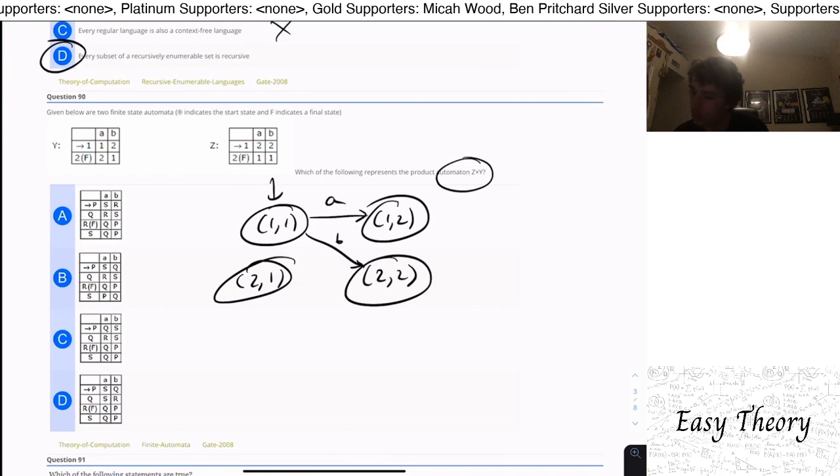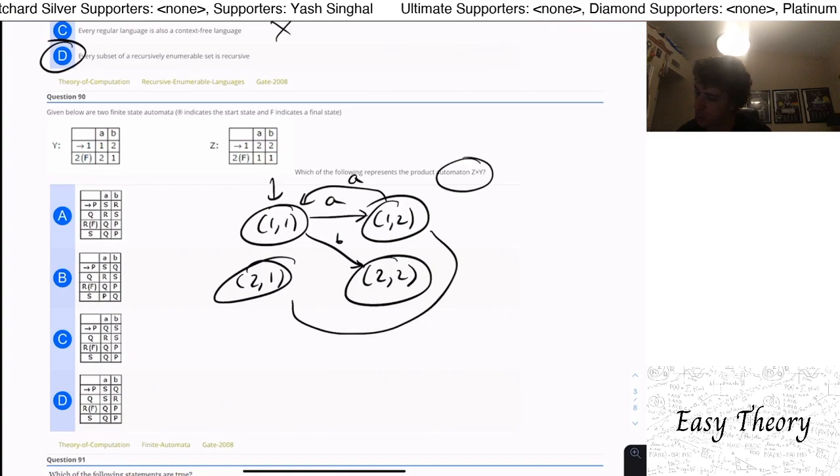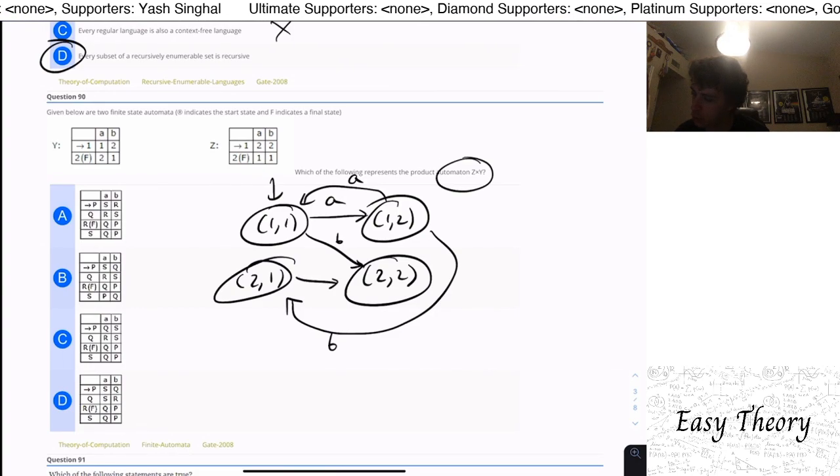1, 1. So 1, 2 takes us to 1, 1 on A. And then on B, it takes us to 2, 1. 2, 1 on A takes us to 2, 2.